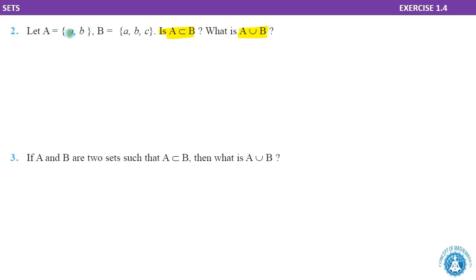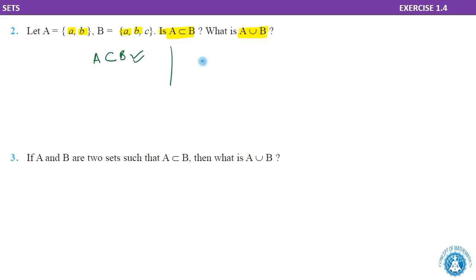All elements of A should be present in B, then only we can say that set A is a subset of B. A is present here, B is also present here, so we can say that yes, it is true, A is a subset of B. Yes, it is correct.